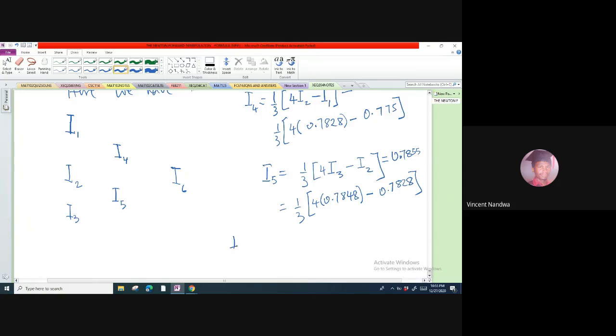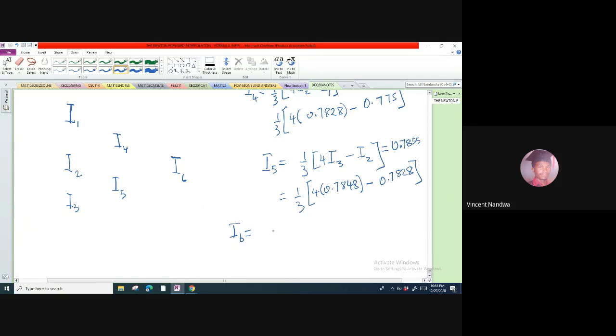And then I6 will be given by 1/3 into 4 I5 minus I4.